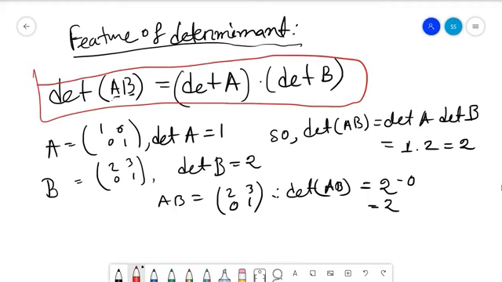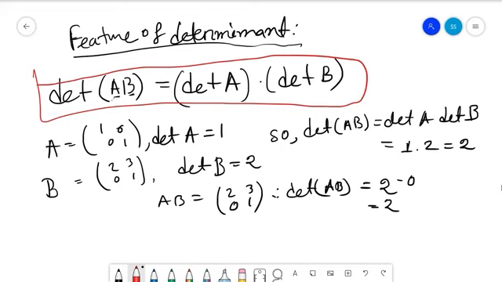Now, for example, let's take A equals 1 0 0 1, which is the 2 cross 2 identity matrix, and you can compute the determinant and it turns out to be 1. And let's take B to be this matrix 2 3 0 1, and this determinant is just 2. Now if you combine them, you can see that AB is just 2 3 0 1 and the determinant of AB is 2 minus 0, that is just 2.